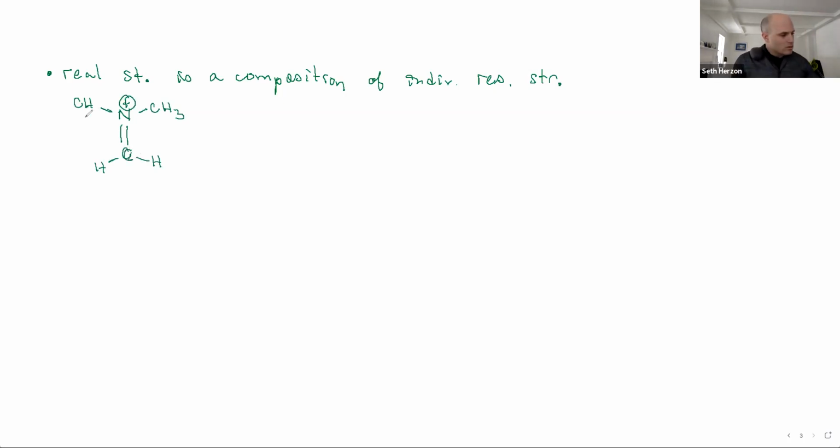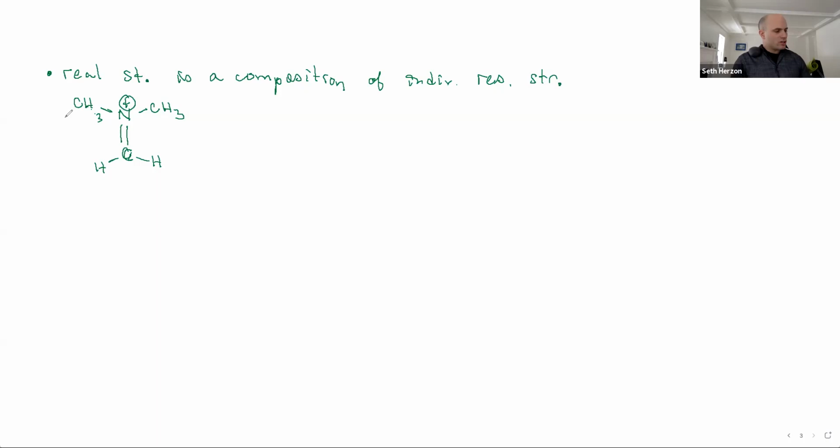Okay, so this is N,N-dimethyl methanaminium. It's also known as the Vilsmeier reagent. We use it a lot in organic chemistry.